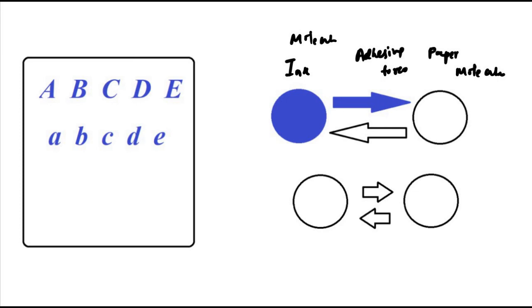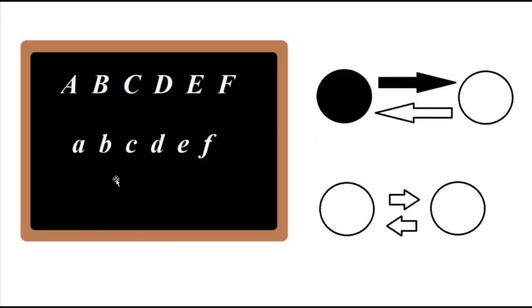Another practical example is when we write with the help of chalk on a blackboard. Here the blackboard is one kind of material, and then we have chalk.